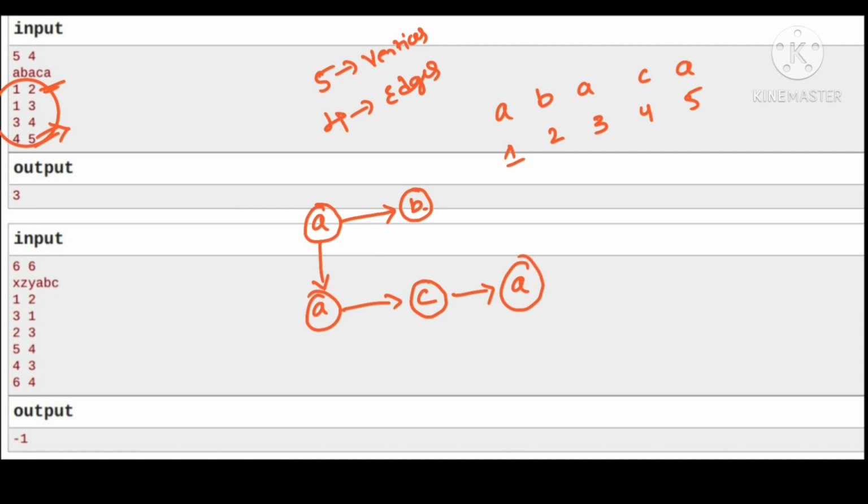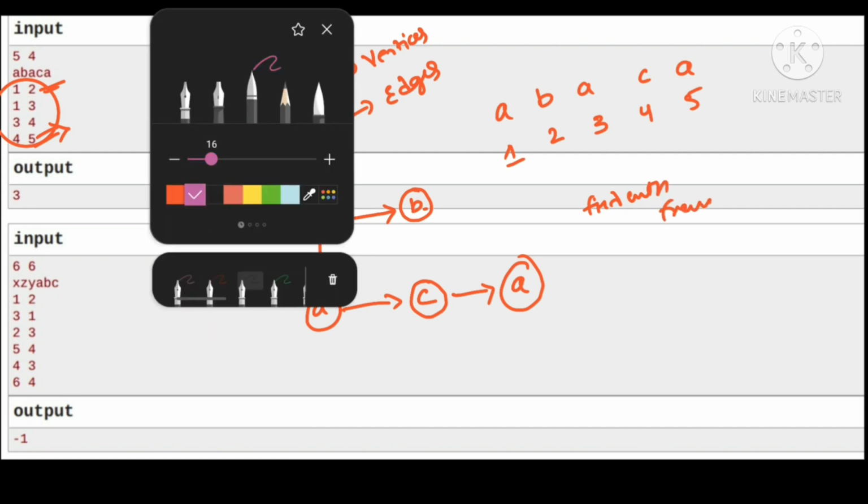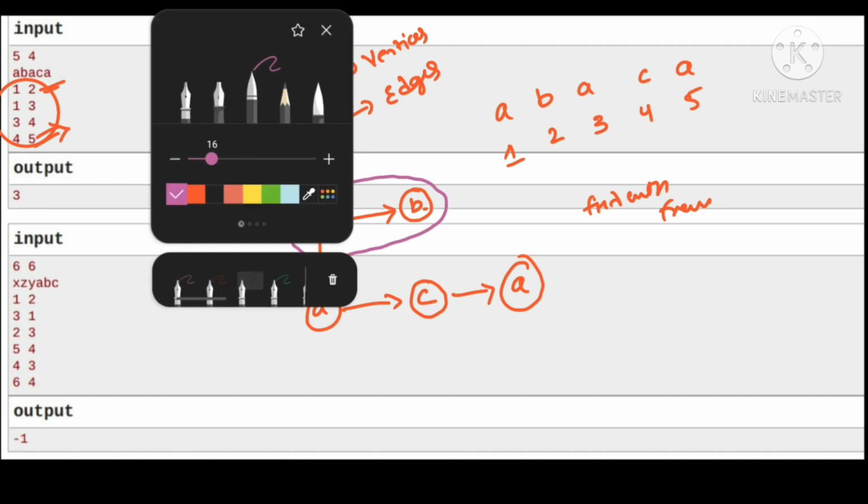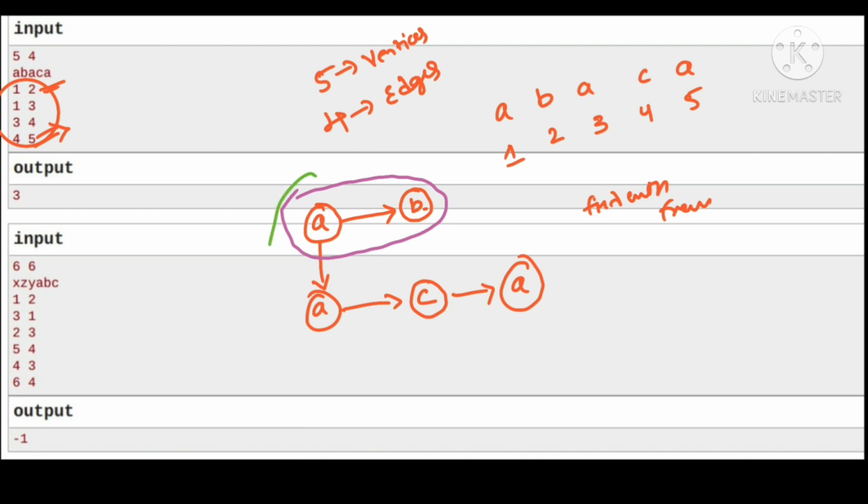Now you start from anything. You have to find the path with the maximum frequency of any letter. I have 2 paths here. Let me change the color. This is one path, this is also one path, this is also one path, and among these this is the maximum path.